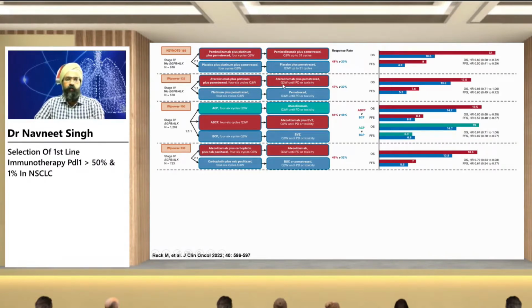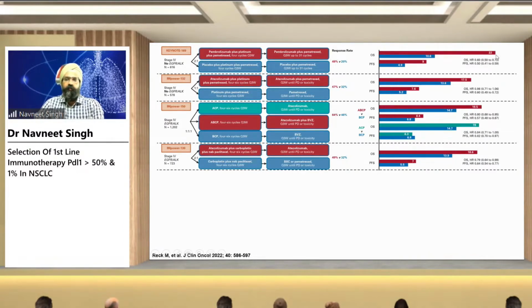The Empower 132, which combined atezolizumab with pemetrexed and platinum, a combination analogous to the Keynote 189, for some particular reason, did not reach statistical significance in terms of OS benefit.